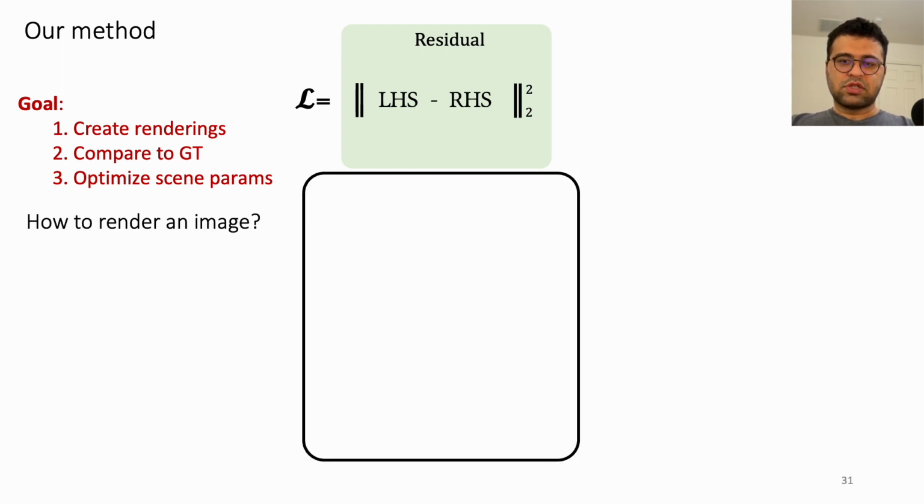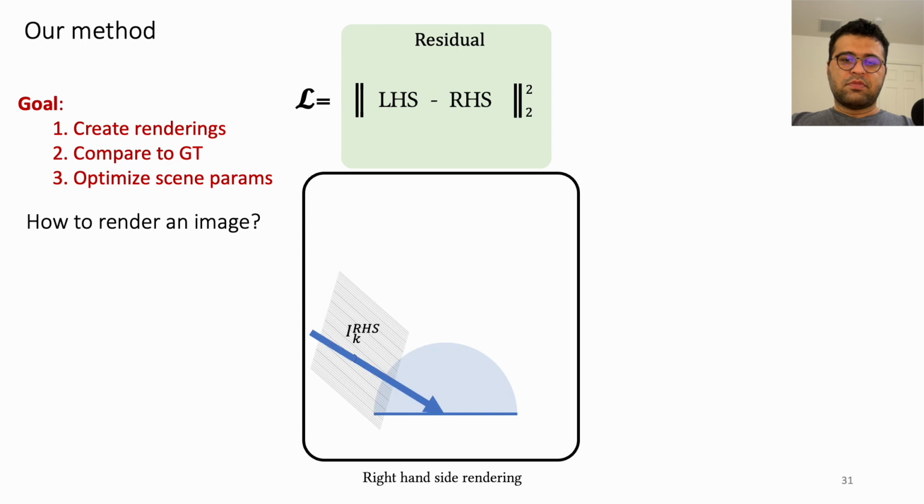So the question is now, how to render an image using this radiance cache? Well, it's simple. In order to render a right-hand side image, we shoot the rays from the pixels and evaluate the transported radiance, which involves querying the radiance cache at the subsequent bounce.